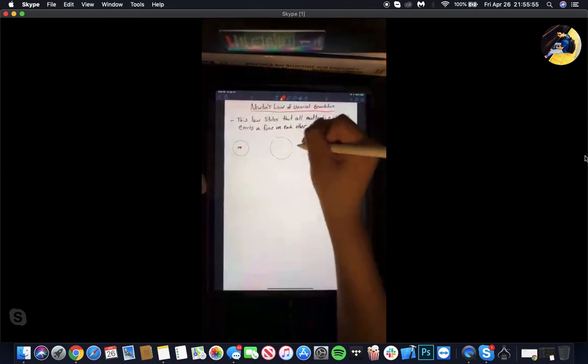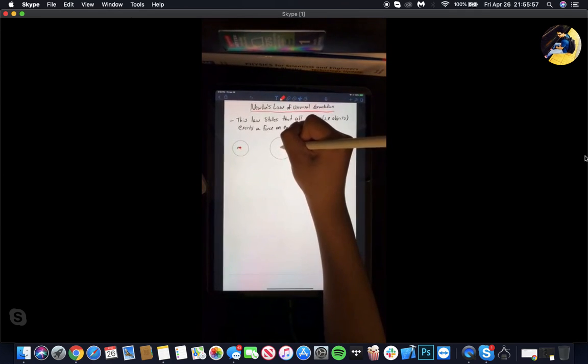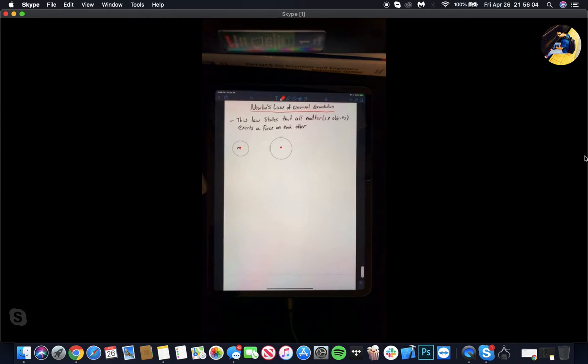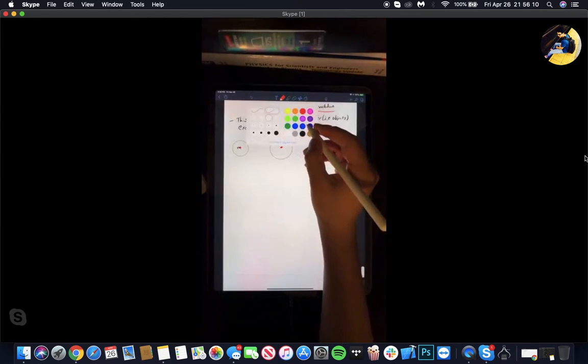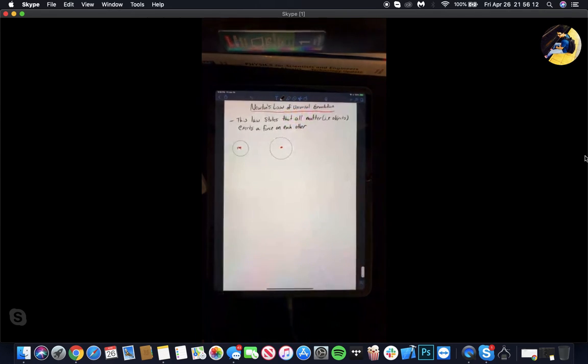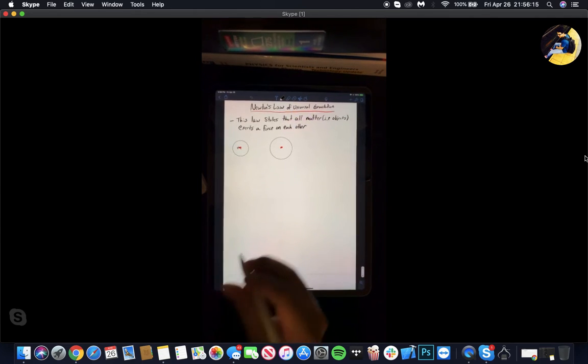Center of mass. We didn't do center of mass yet, did we? Not yet.